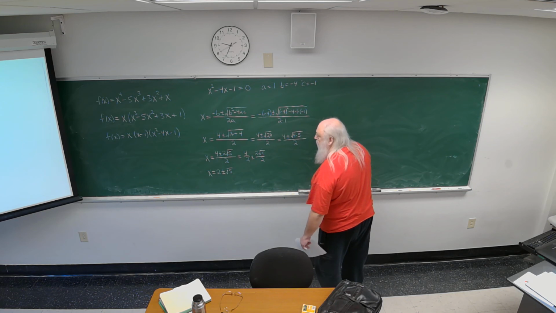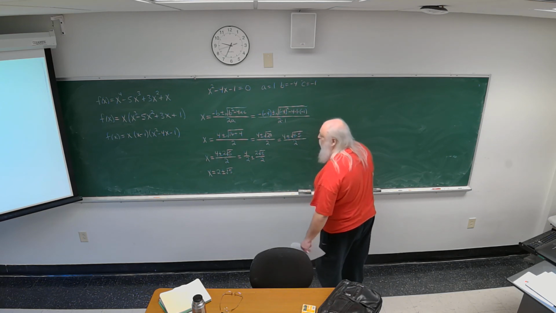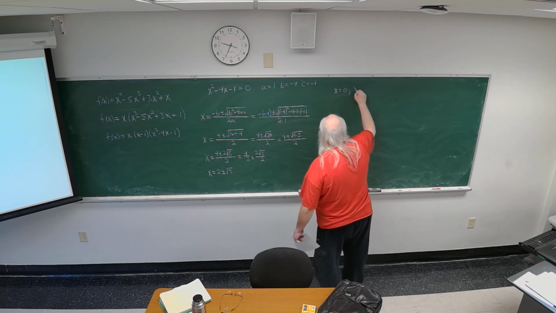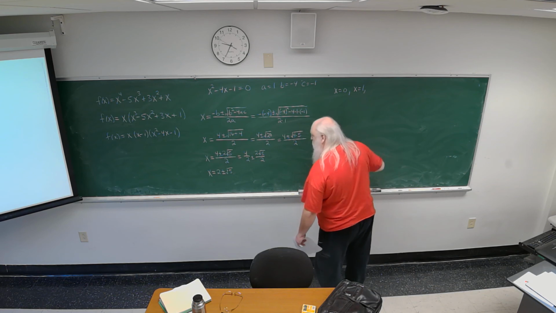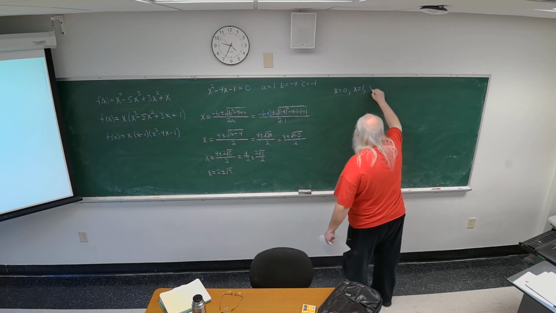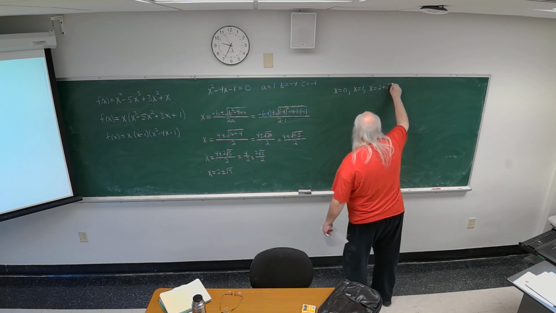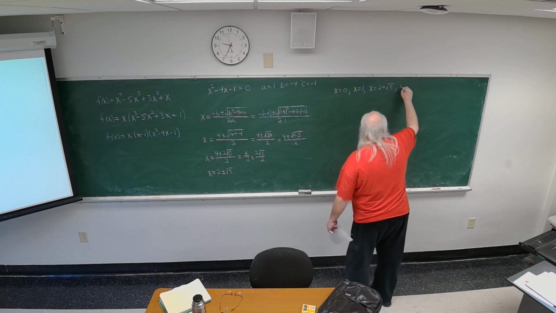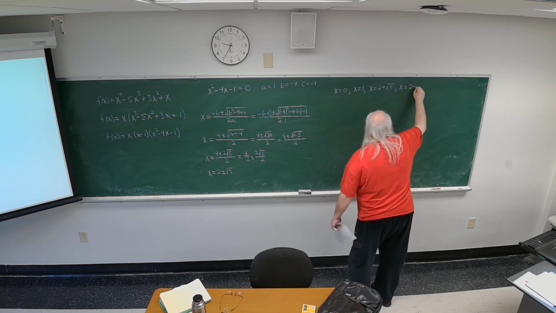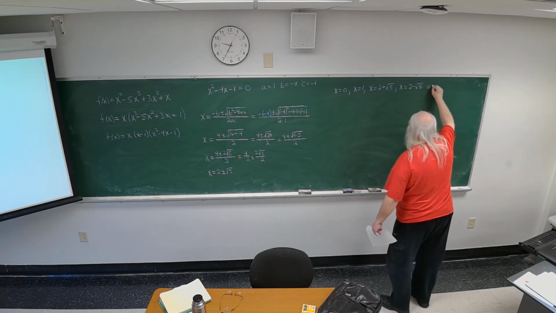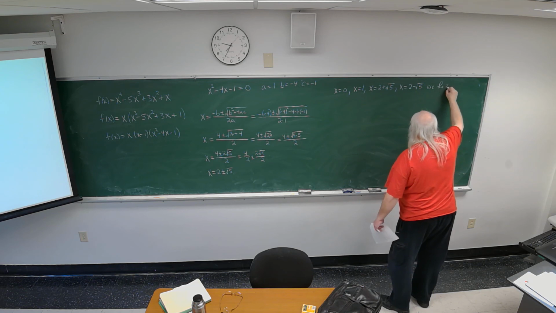So the 4 roots, or the 4 zeros, of our 4th degree polynomial function, x equals 0, x equals 1, x equals 2 plus the square root of 5, and x equals 2 minus the square root of 5, are the zeros.